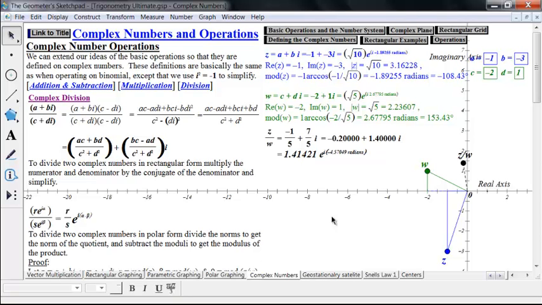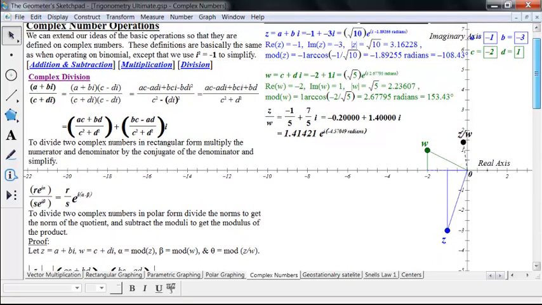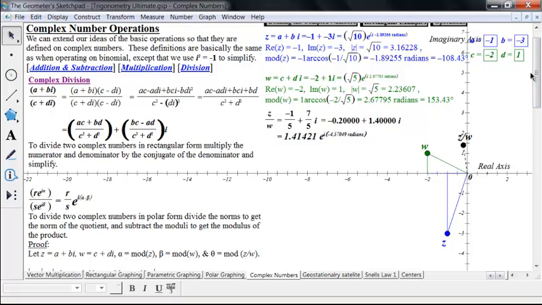Now, it turns out that there's a really nice way, just like there was a nice way to multiply two complex numbers, there's a really nice way to divide them as well. And it does what it looks like you should do in this form.